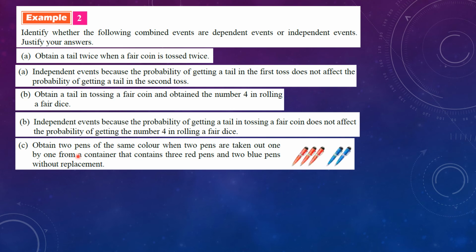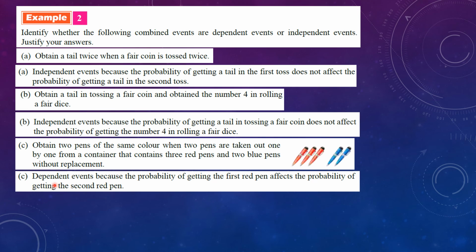Part C. Obtain 2 pens of the same color when 2 pens are taken out one by one from a container that contains 3 red pens and 2 blue pens without replacement. So highlight here, without replacement, that means you are not going to put back. So this will become dependent events, because the probability of getting the first red pen affects the probability of getting the second red pen.